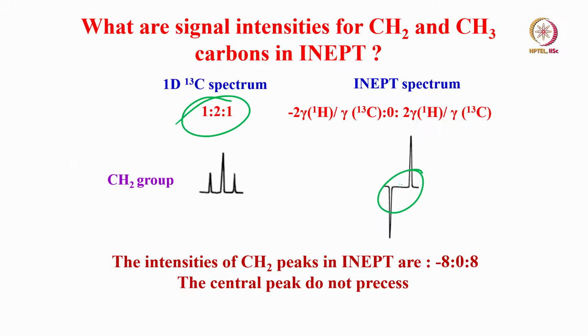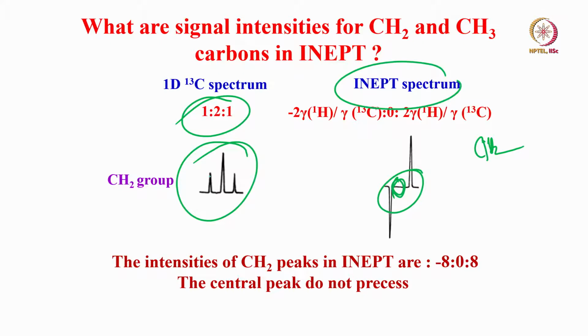Now here what is happening is the central peak will disappear in the case of INEPT, but this is for CH2. No, I am sorry, not for CH, it is for CH2. This is the normal 1D carbon 13 natural spectrum, where a 1:2:1 intensity is there, whereas here with INEPT this is the ratio which you will see.